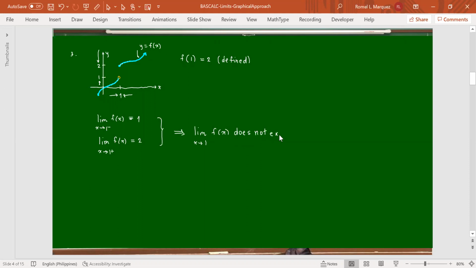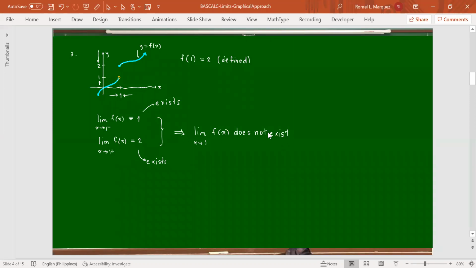Okay, guys? So that is how it behaves. The limit of f of x does not exist. The function value is defined, and notice that the limit from the left exists. Okay? But for the totality of the behavior of f of x as x approaches 1, it does not exist because we did not come up with the same value.